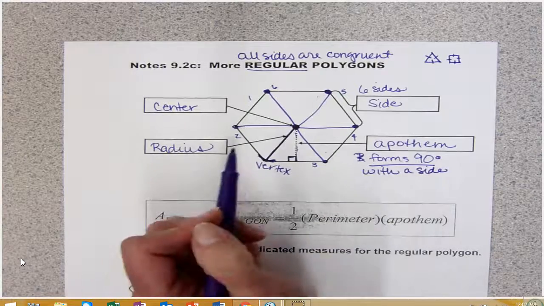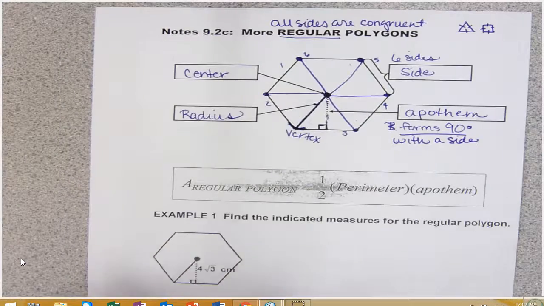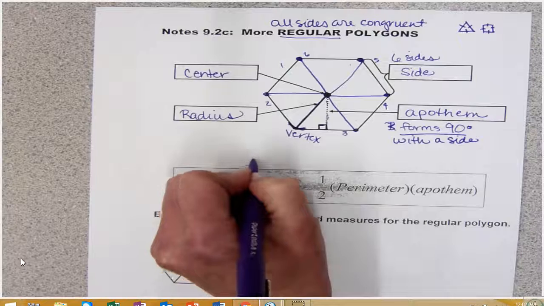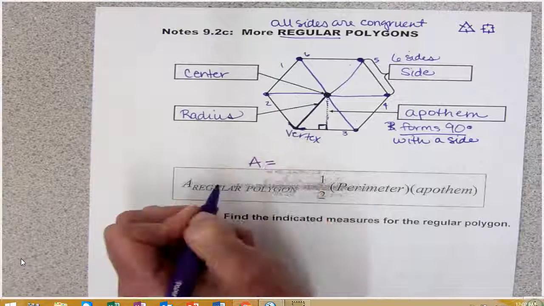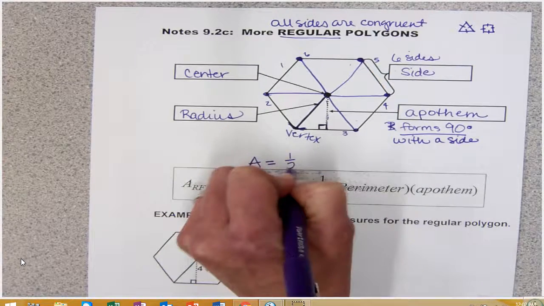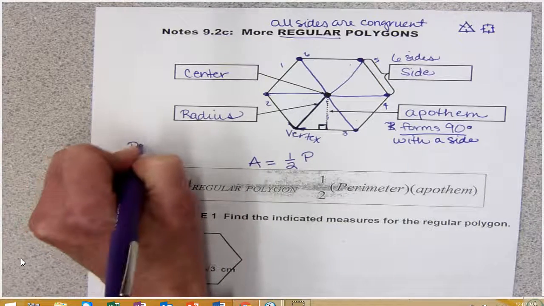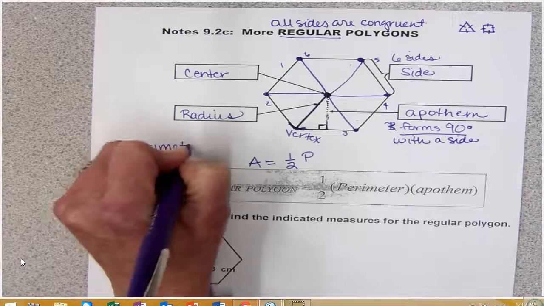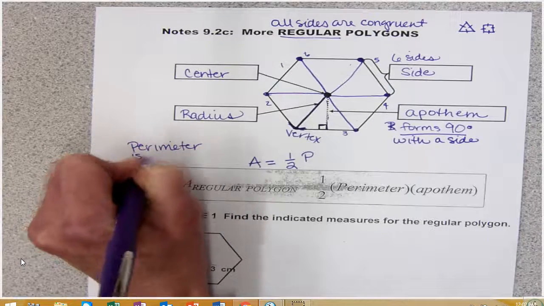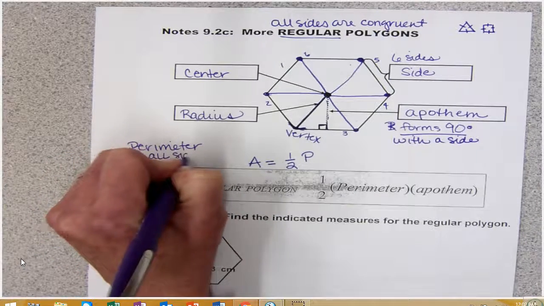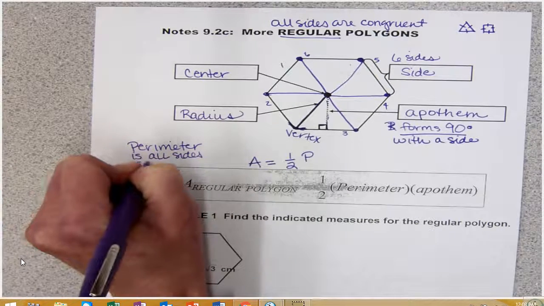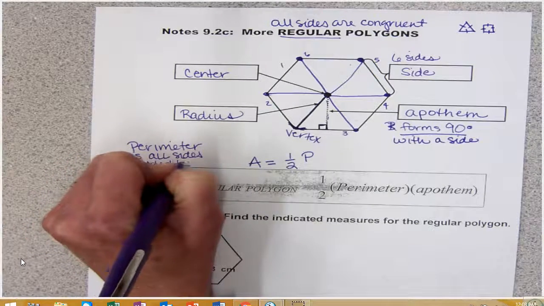All right, so the formula for your area is going to be 1/2 of the perimeter, and we know that perimeter is all sides added together.